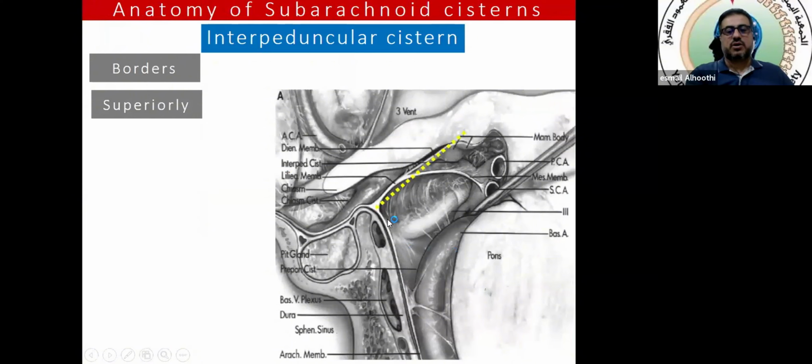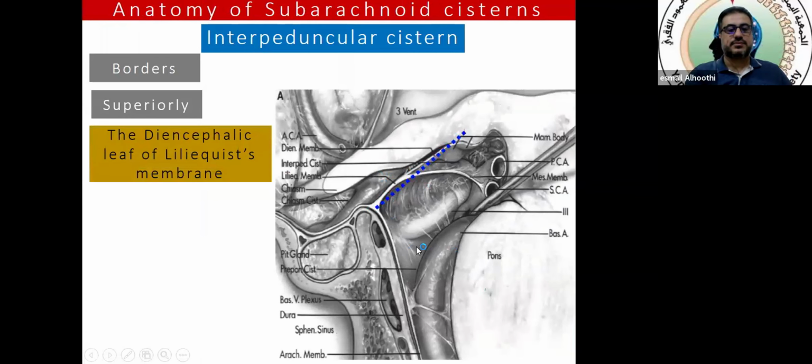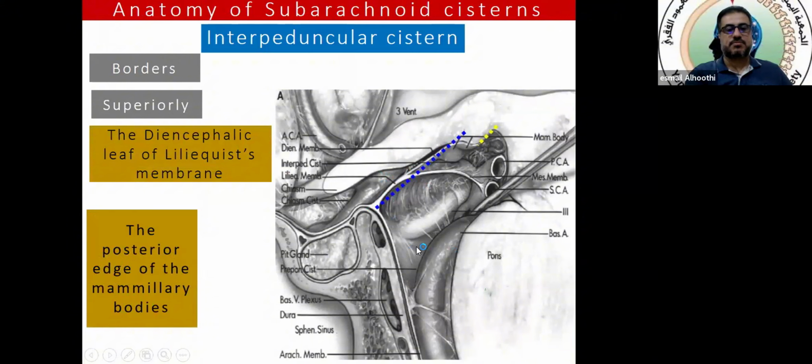The superior border of the interpeduncular cistern is the superior leaflet, also called the diencephalic leaflet of the Liliequist membrane, which separates the interpeduncular cistern from the chiasmatic cistern, as we will talk about later. Also, the superior border is the posterior edge of the mammillary body.